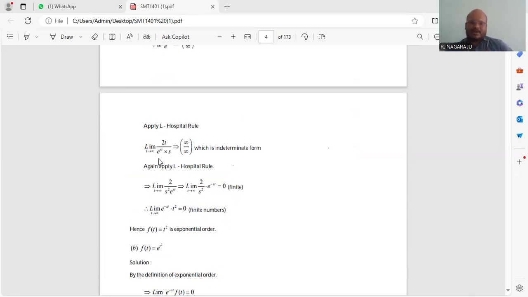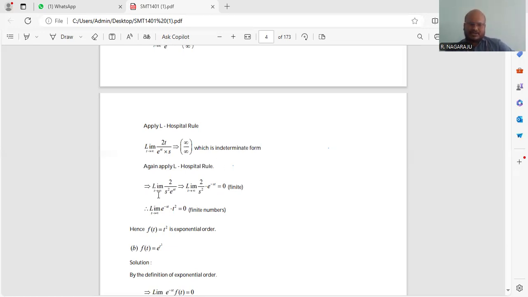Here, applying this, you get 2t by e^(st) into s. This is again an undetermined form, so again you have to apply the L'Hospital rule. If you get an undetermined form, apply the L'Hospital rule, and if after that you again get an undetermined form, go for the L'Hospital rule again.